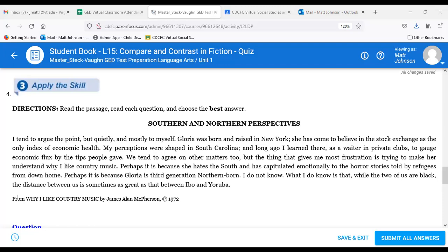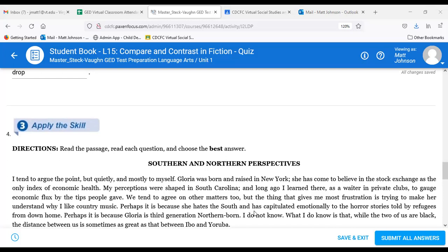Gloria was born and raised in New York. She has come to believe in the stock exchange as the only index of economic health. My perceptions were shaped in South Carolina, and long ago I learned there as a waiter in private clubs to gauge economic flags by the tips people gave.